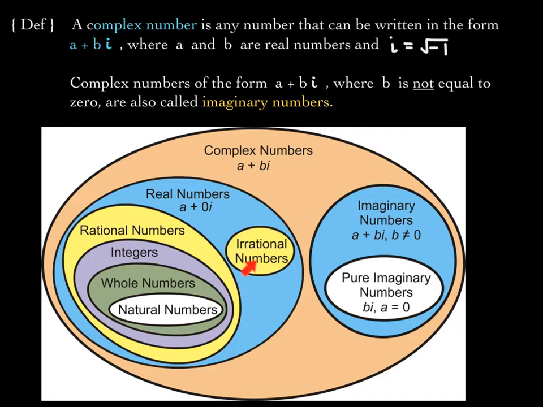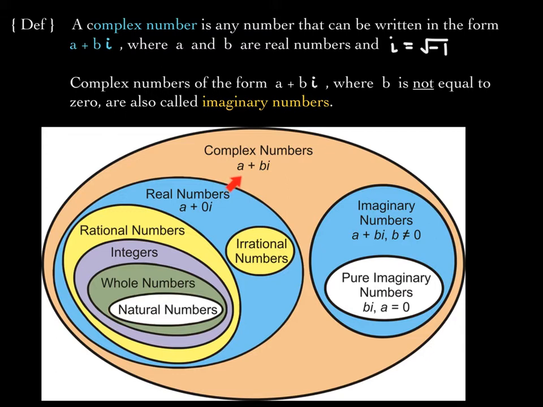Now, we've been living in the real number system. The real number system are all of your rational numbers and all of your irrational numbers. So in this blue family, this is where we've been up to this point. And now we introduce complex numbers of the form a plus bi.